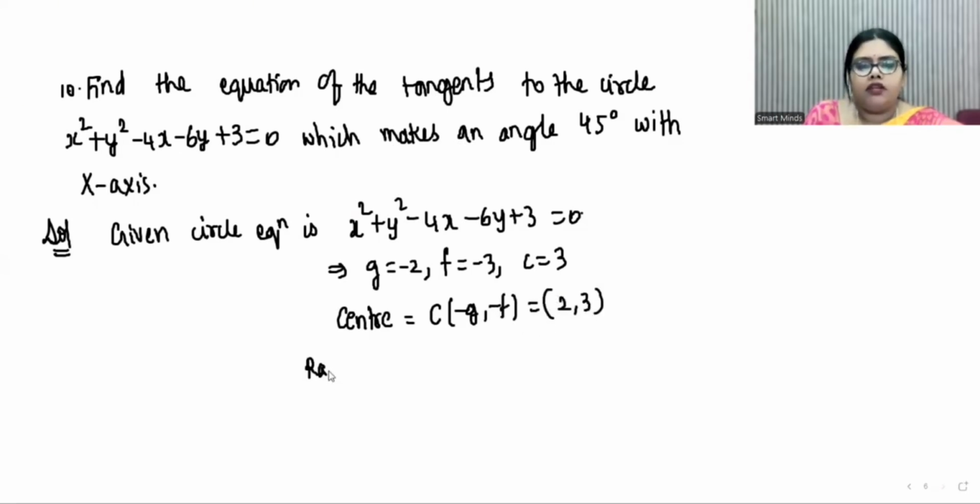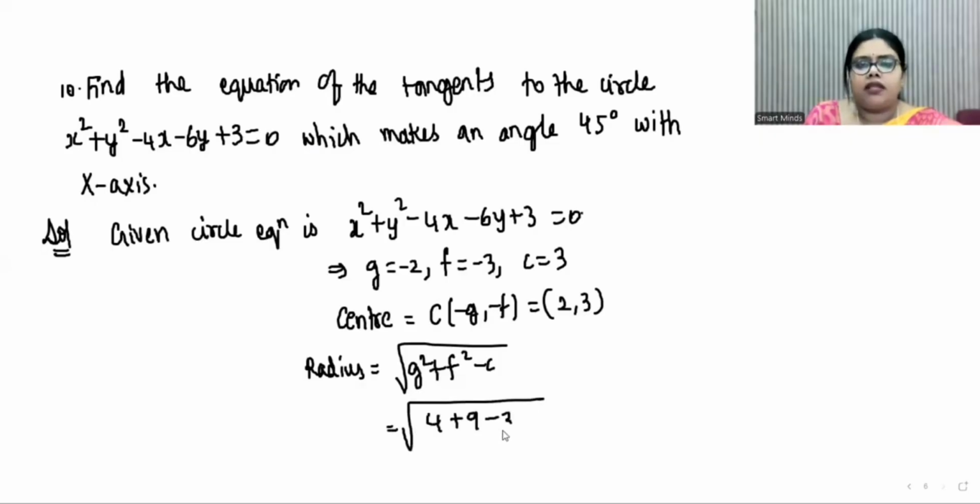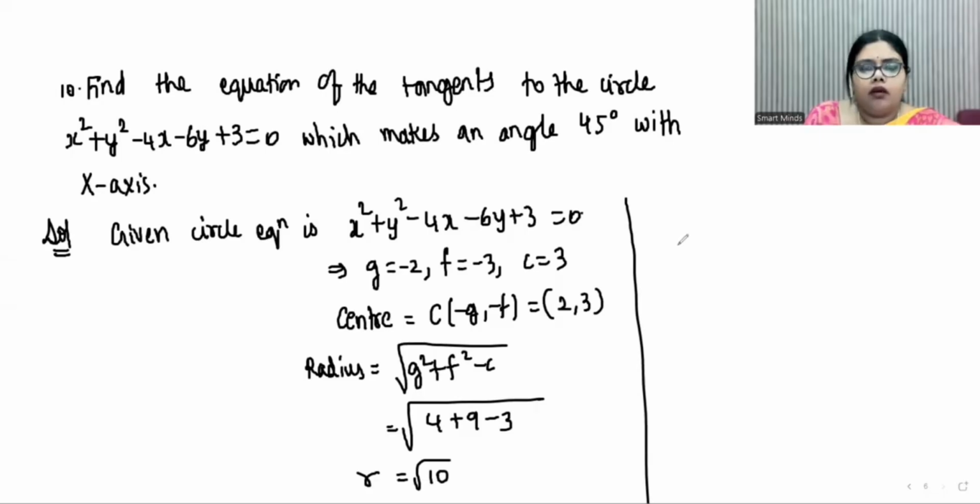And then we need to find out the radius. Radius is root over g square plus f square minus c. That is root over 4 plus 9 minus 3, 13 minus 3, that is root 10. Radius is equal to root 10. Now, what is the given line?